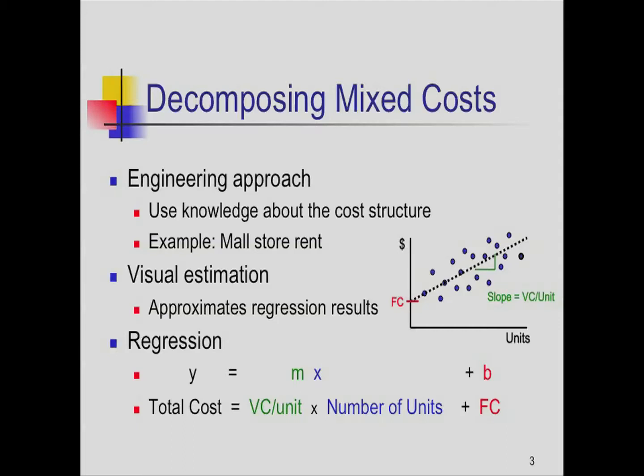So in accounting, we take y equals mx plus b, and y is the total cost, m is the variable cost per unit, and b is the fixed cost. The x is the number of units. So we have a functional relationship between x, the number of units, the number of bicycles, tables, or text messages that we're making, and the total cost. So that's how we do it.